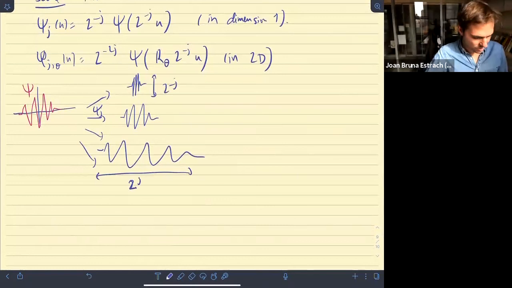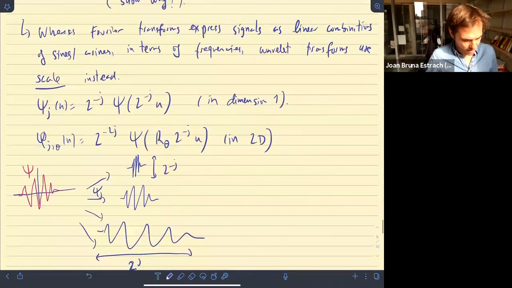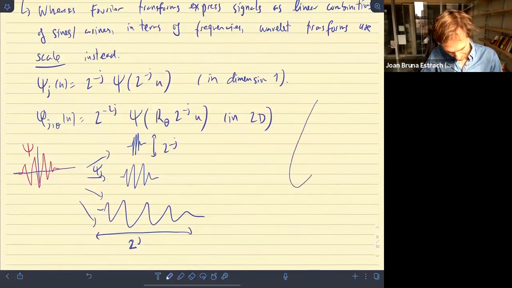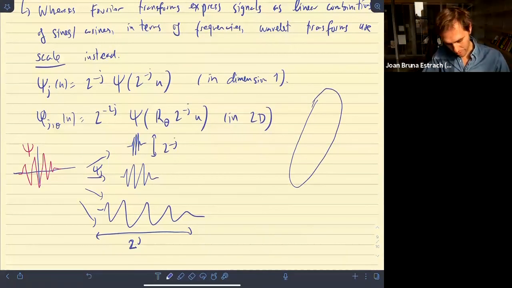In the case of 2D, imagine that you have a wavelet that has some support like this, and maybe it has some oscillation.